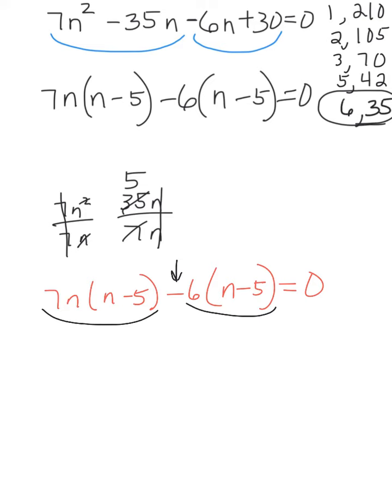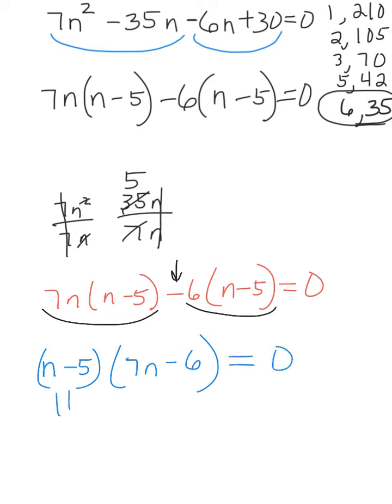So the thing that's common is the n minus 5. So we're going to factor out n minus 5, and what's left in the first term is a 7n. And when we divide negative 6 times (n minus 5) by n minus 5, we're just left with a negative 6, and all that equals 0.